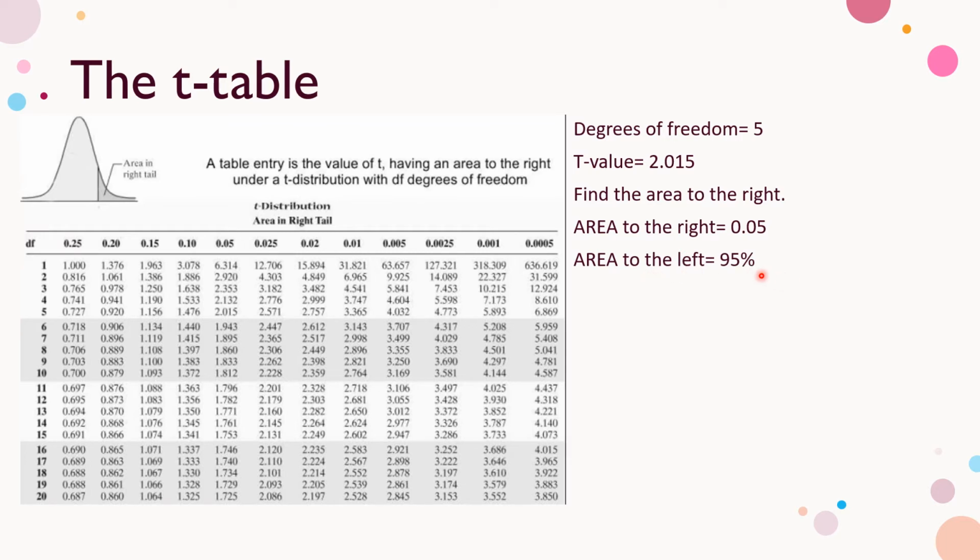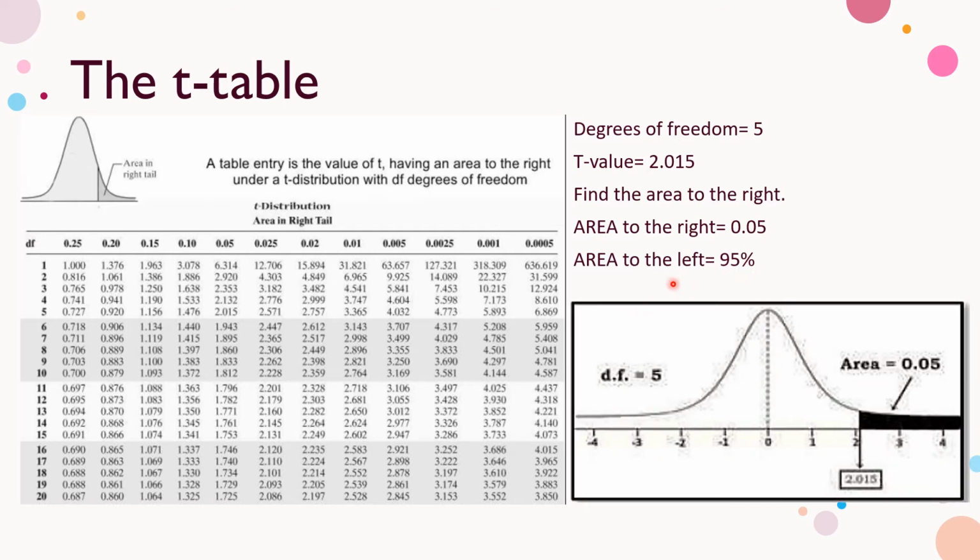How did we know 95%? We know that the area under a curve of a t-distribution is equal to 100%, right? So since the area to the right is 0.05, we need to subtract that from 1. So 1 minus 0.05 is equal to 0.95, or that is simply 95%.